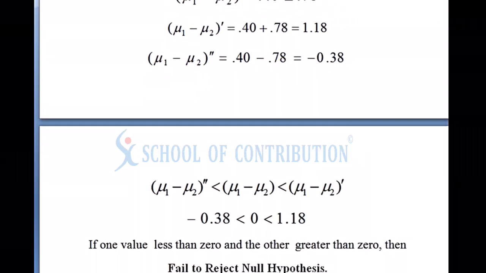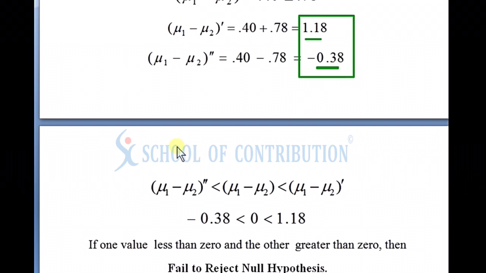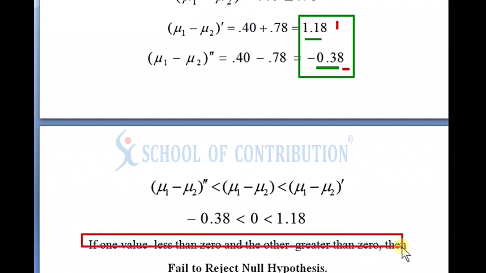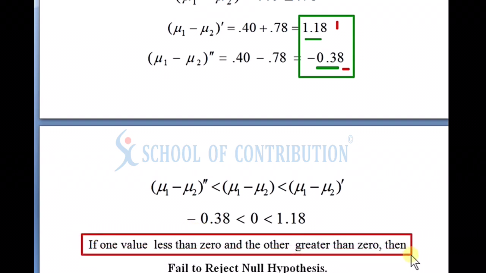Now we can use these two interval values to conclude whether we reject or fail to reject the null hypothesis. As we see, one interval value is positive, the other is negative. By the rule, in a two population mean test using the confidence interval method, if one value is less than 0 and the other value is greater than 0, we fail to reject the null hypothesis, because we have 0 in between, since this is the hypothesized population mean difference.